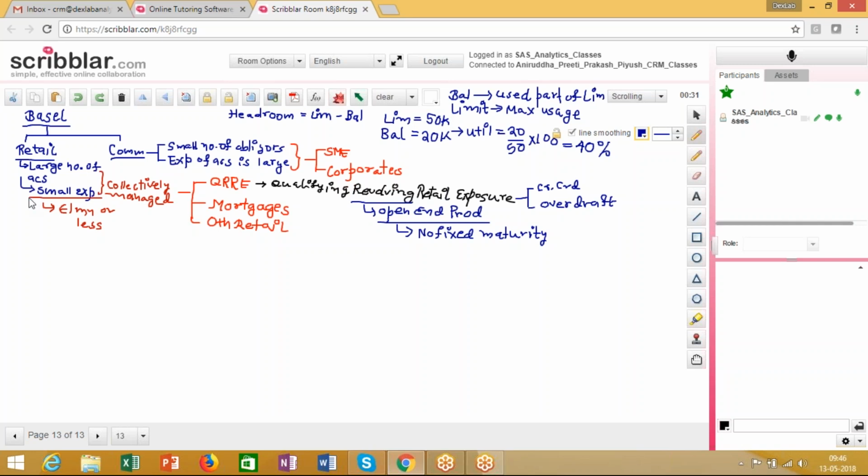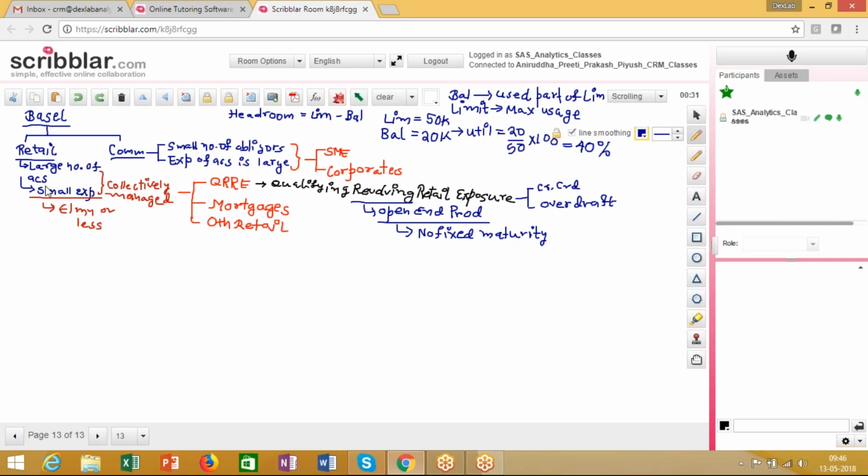When we are trying to estimate the riskiness associated with a borrower for a revolving product, it is much more challenging because there are two sources of credit: one is a drawn source and the other is an undrawn source. Before he goes into default, he may just withdraw that amount and then go into default.